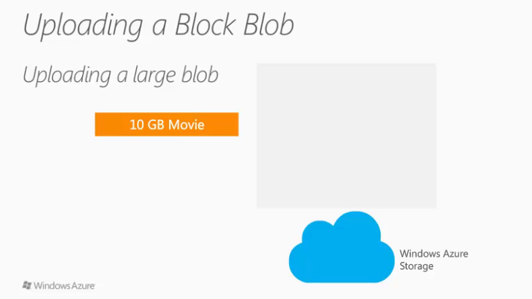Now let's talk a little bit more about the difference between block blobs and page blobs. The first blob type we will talk about is called block. Let's say that we want to upload our 10 gigabyte movie to the cloud.